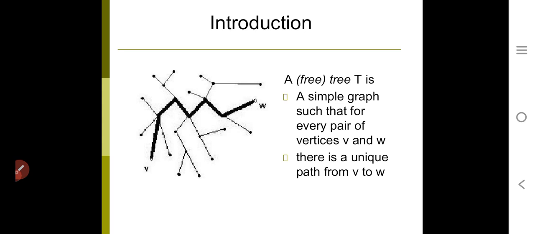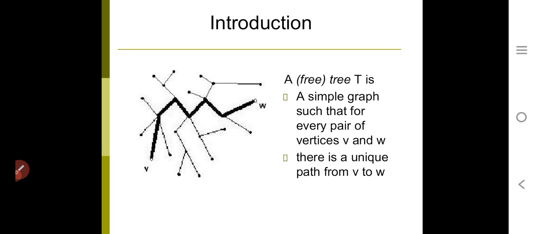A tree is a simple graph in which there is a path between every pair of vertices. It is an undirected graph and it is equivalent to a connected acyclic graph, and it has a unique path between every pair of vertices.